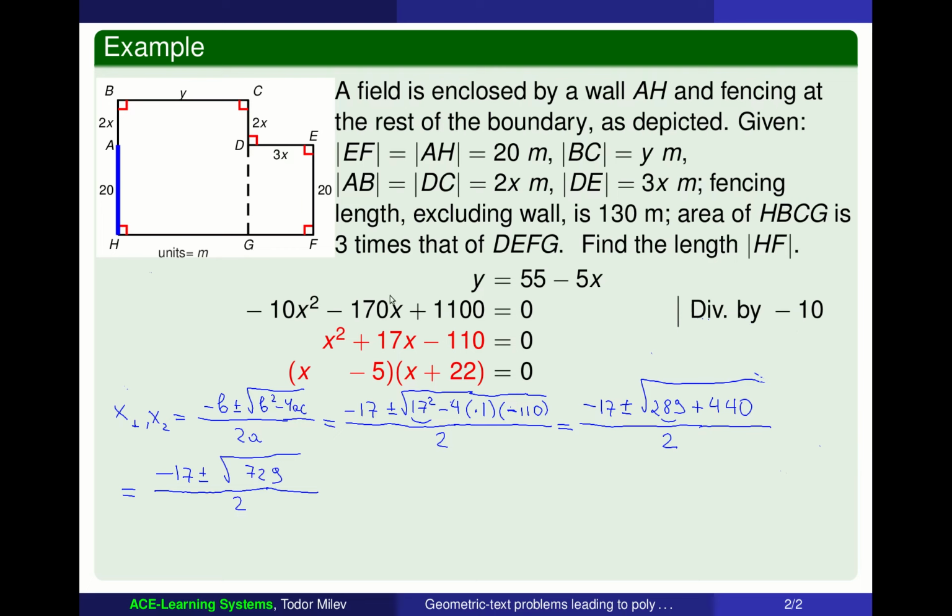Okay, now it would be fantastic if 729 is a perfect square. Now I happen to know that that's a perfect square, but it's 27 squared. But if we don't have that memorized, we should try quickly with the squares above 20.